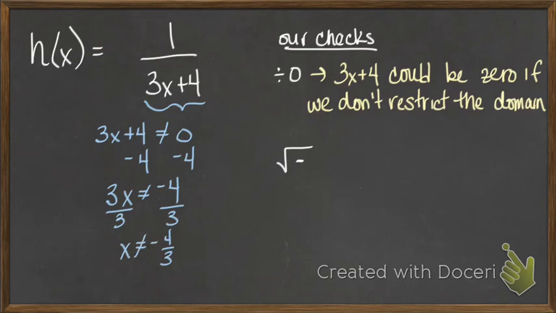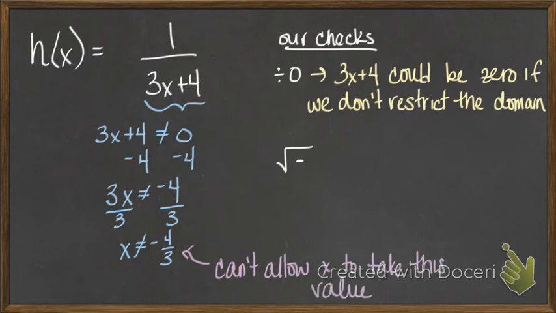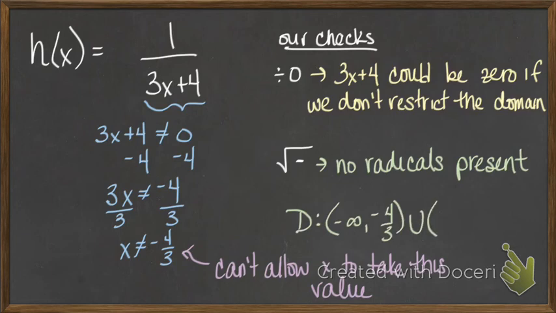So that will be the value that we'll eliminate from that broader domain idea. Square roots of negative numbers, not an issue. There are no radicals here. So the only restriction is don't let x be equal to negative 4/3, and so we write our domain to not allow x to equal negative 4/3.